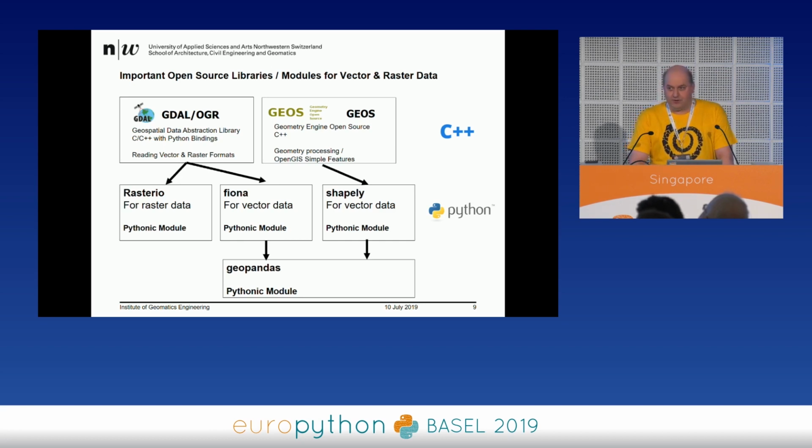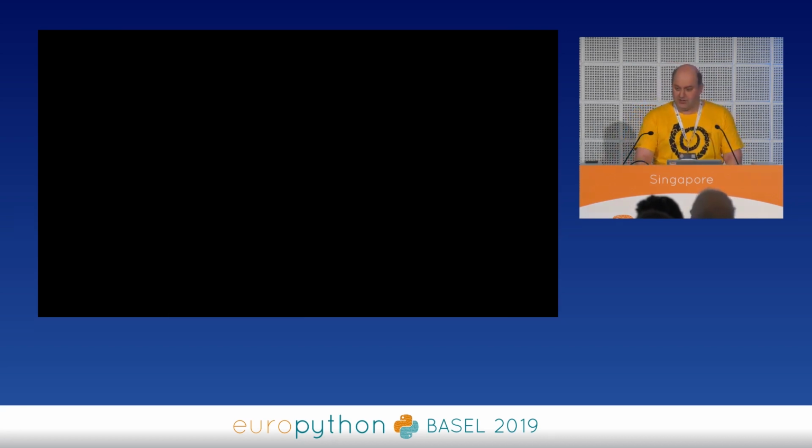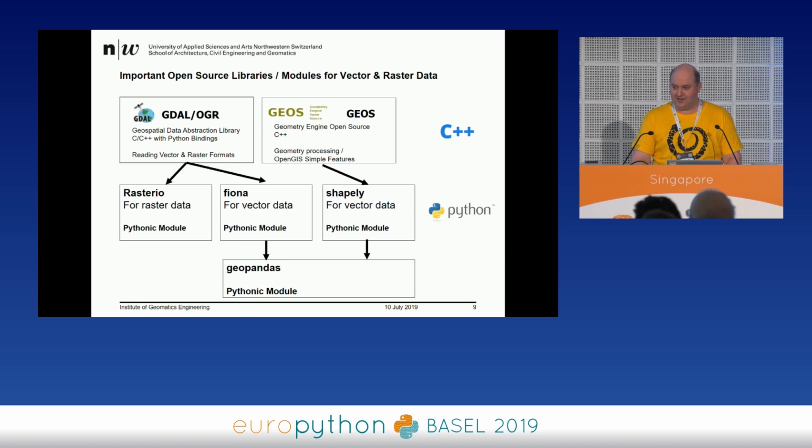The most important two libraries are C++ based. It's GDAL/OGR, and the second library is GEOS. And they have bindings in Python, and it's really not Pythonic. So therefore, some people created new Python modules which are really Pythonic and use the same C++ libraries, and it's much, much nicer to work with that.